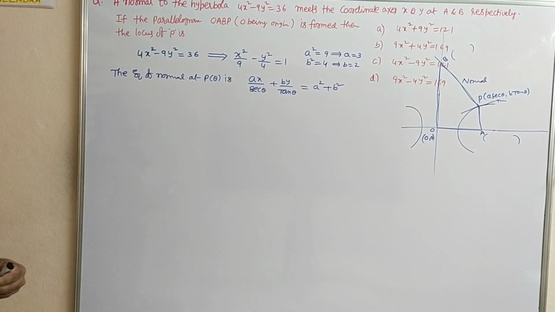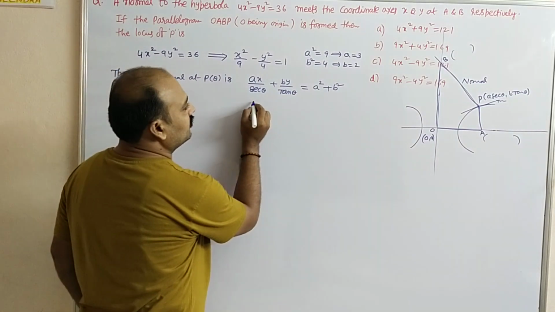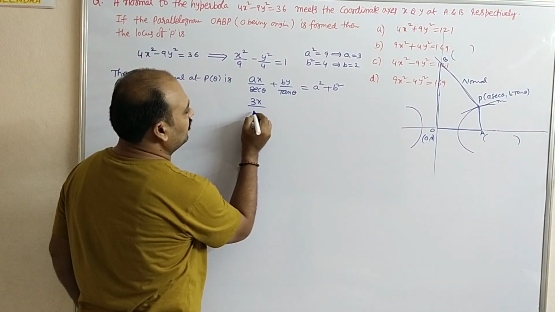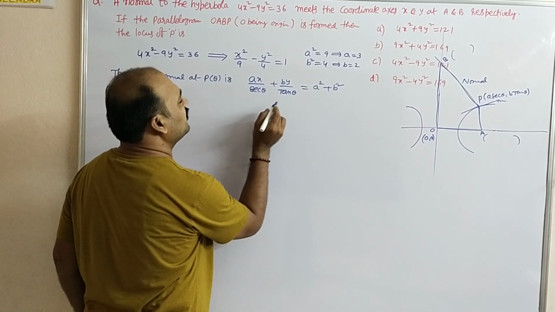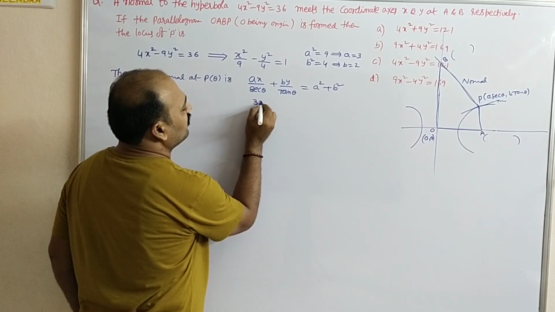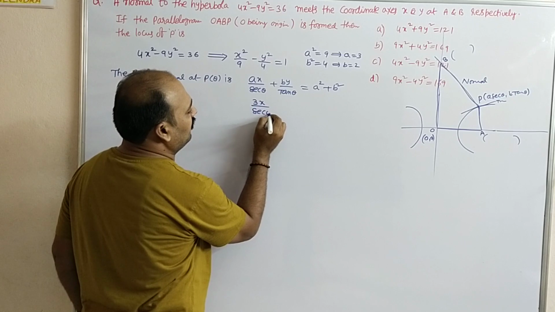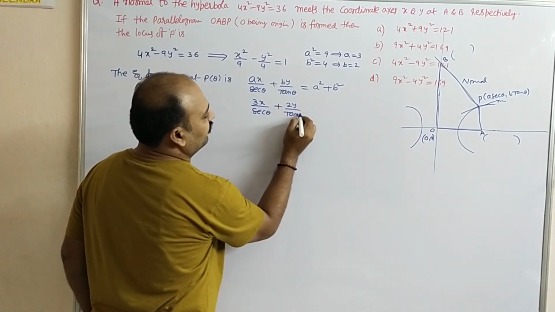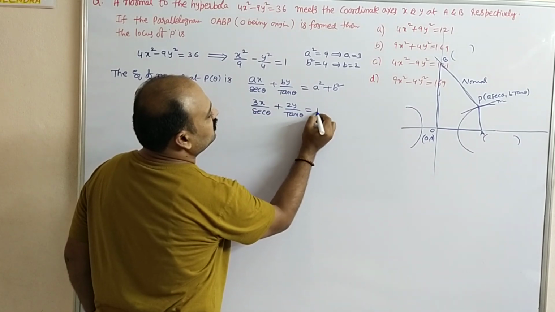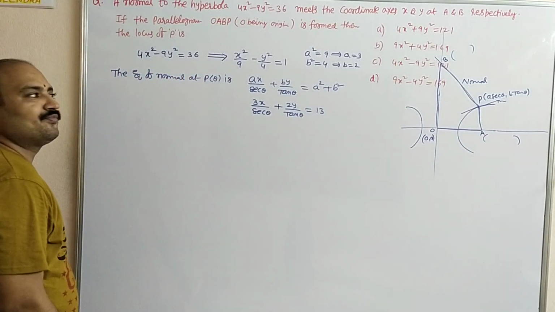Substitute the respective values. So 3x/secant theta. Instead of writing secant theta as 1 by cos, it is better to write secant only. Why? Because 3x/secant theta plus 2y/tan theta is equal to a² plus b², 9 plus 4, 13.